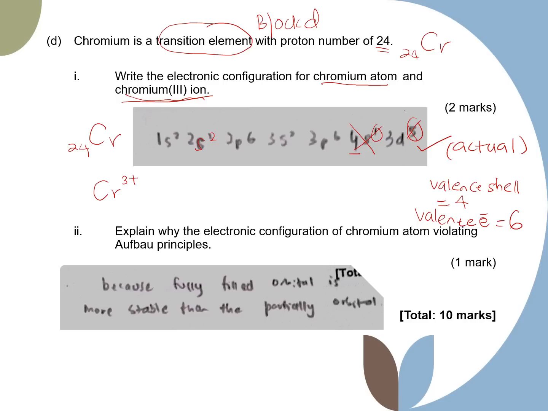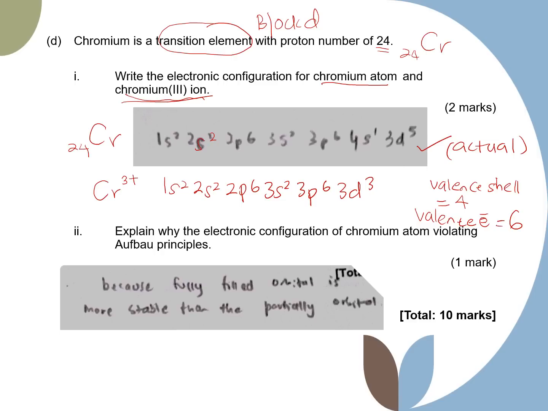So 3d3 is left. So we have 1s2, 2s2, 2p6, 3s2, 3p6, 3d3. That's the configuration of the chromium ion.